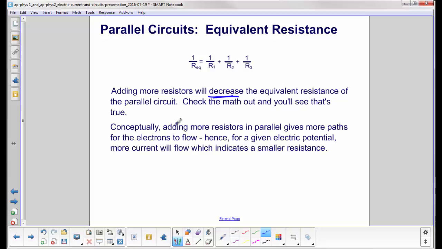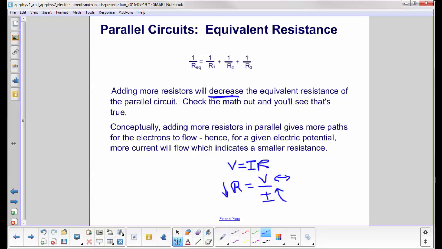If that's the case, so we have V equals IR, and then we want to find out what happens to the equivalent resistance if more current is flowing. Well, for a given voltage, if I have more current because I have more paths, the resistance will decrease. So your equivalent resistance goes down.